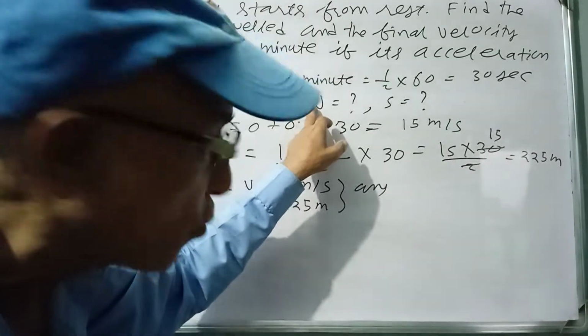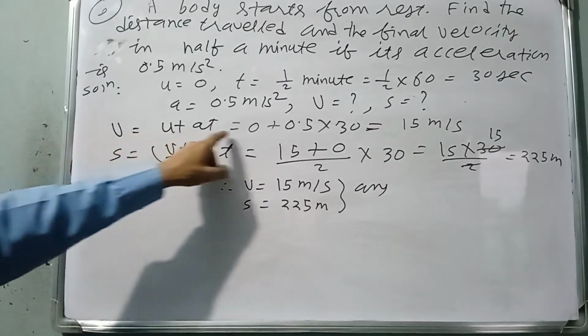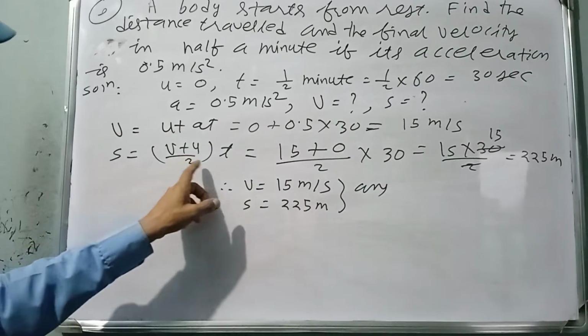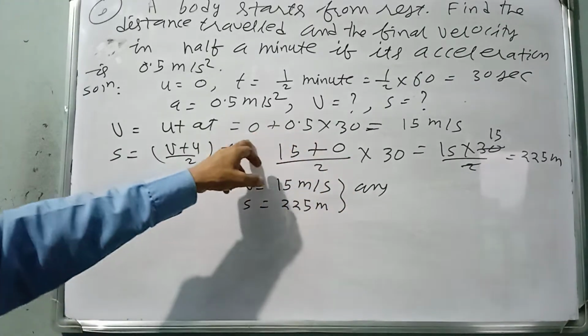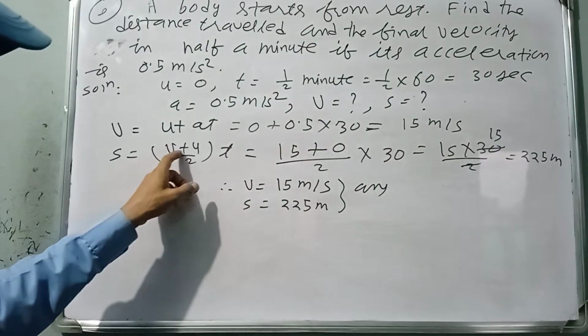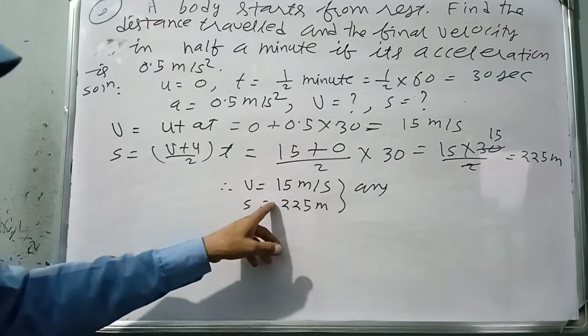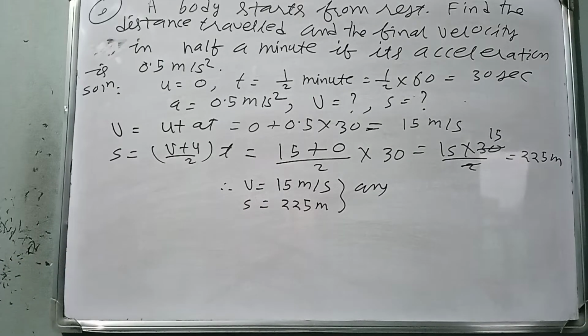Final velocity v what? Distance what? Formula v equal u plus at, s equal v plus u by 2 into t. Put the values of u, a, t, put the value of v plus u into t. The answer is 15 meter per second and 225 meter.